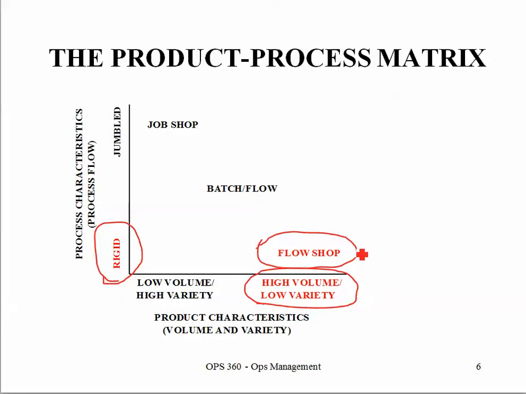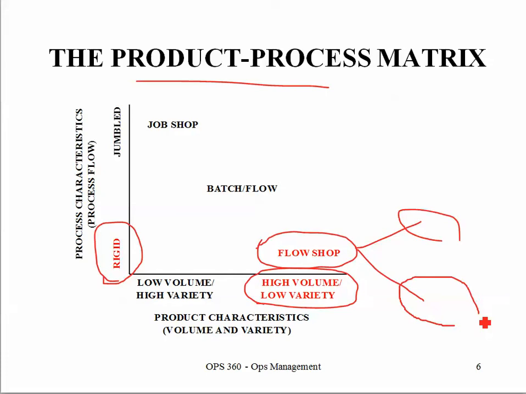The flow shop can be broken out into a couple of subcategories, and these subcategories are used in the text. When the book shows a matrix that looks like this, they don't use this term. They have 4 entries, not 3. They have job shop, they have batch operations, and instead of flow shop, they have repetitive operations, and then they also have continuous flow operations.